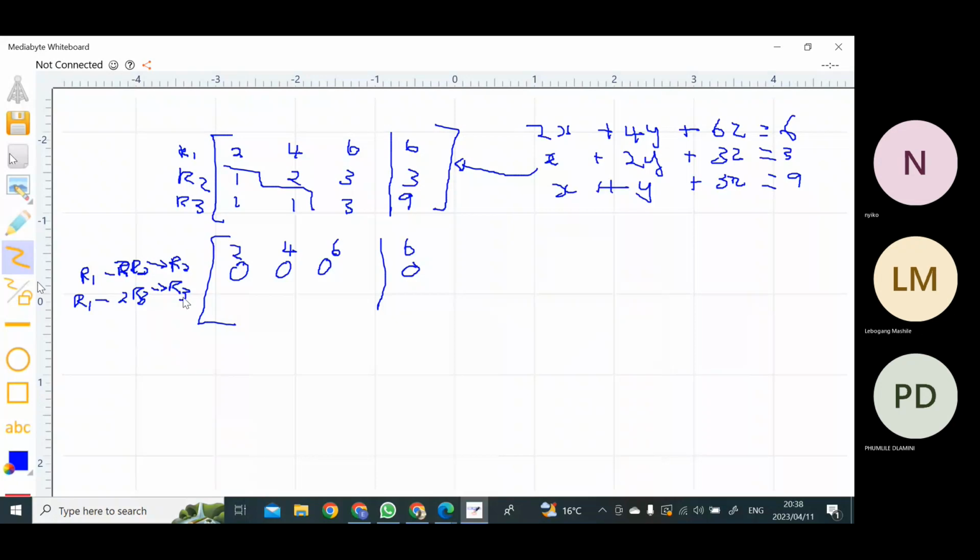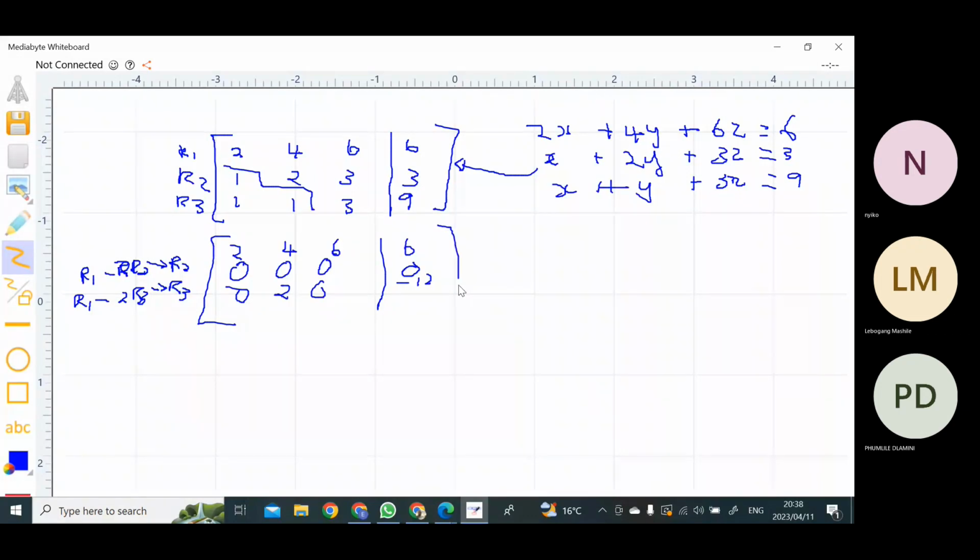In this one here, I'm going to say 2 minus 2, because it's going to give us 0. Then 4 minus 2 times 1 is 2. Then 6 minus 3 times 2 is going to be 0. Then it's going to be 6 minus 18, because 9 times 2 is 18. 6 minus 18 is going to be minus 12.